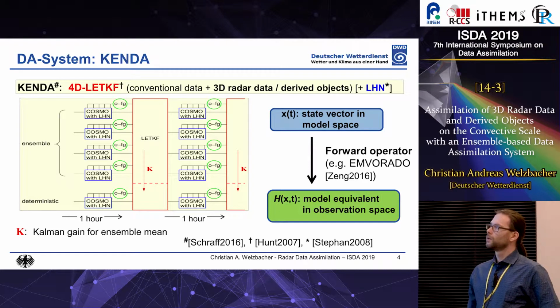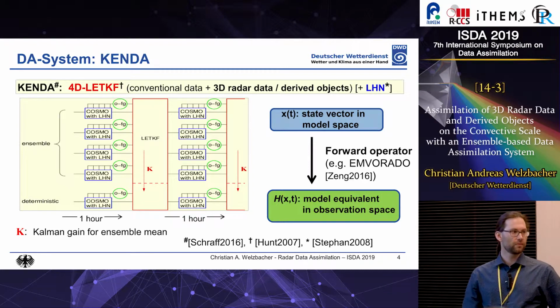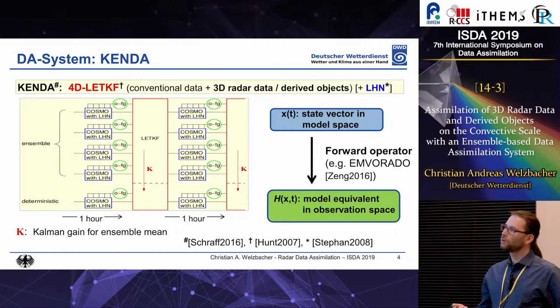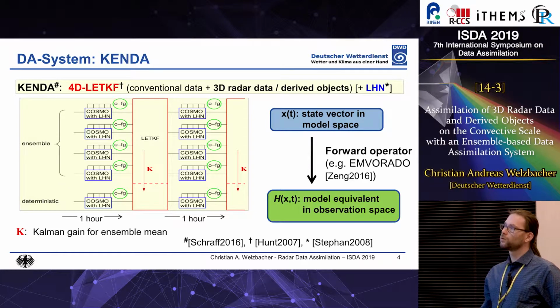Coming to KENDA briefly, KENDA consists of an ensemble of forecasts, or ensemble of model runs, where we use the COSMO model. Since I took the picture from the paper, they're still saying with latent heat nudging, but forget about that for the moment. During the model runtimes in this ensemble, I get observation minus first guess written by the model at observation time.